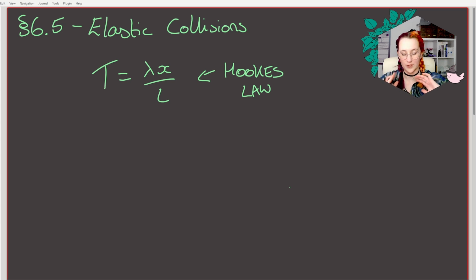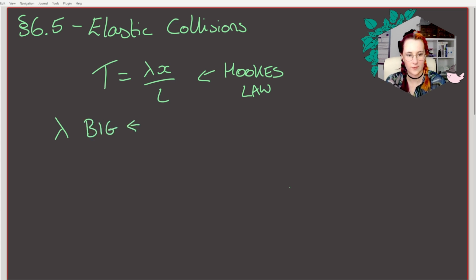So if you think of a spring, the further away it is from its rest state, the more force is required to hold it in that position or to stretch it out. There's also a proportionality with the modulus. A really big modulus means very stiff, not really elastic.